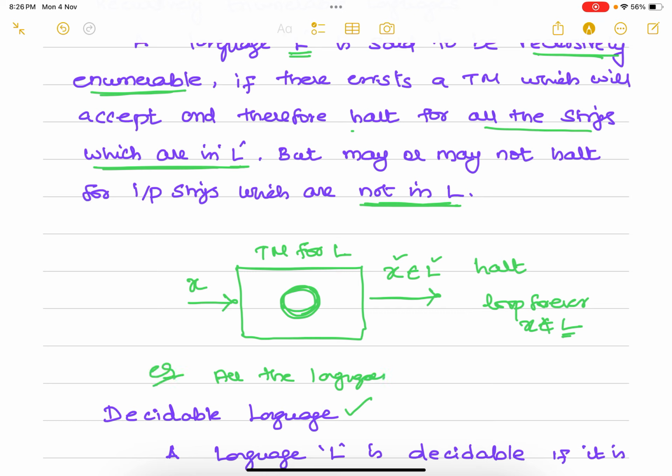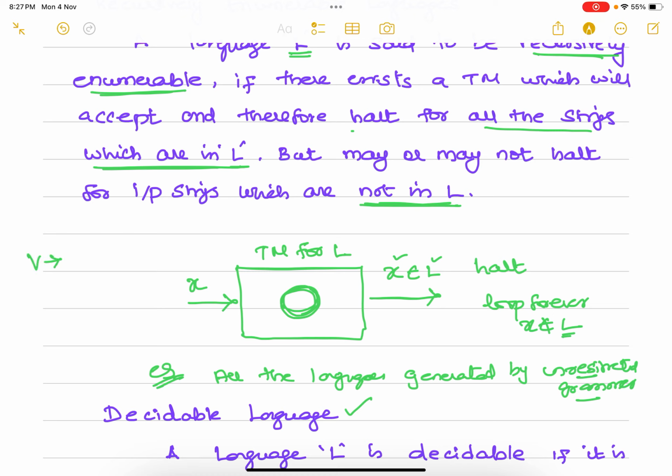Now for recursively enumerable languages, an example: any language that is generated by an unrestricted grammar falls in the category of recursively enumerable language. Do you know what an unrestricted grammar is? It is type 0 grammar or phrase structure grammar. Generally, how is it different from context-free grammar?